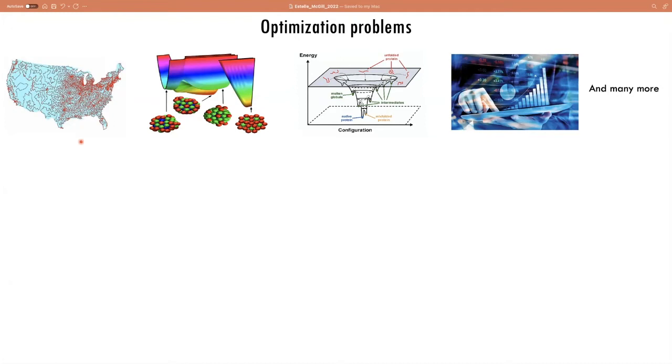Another one is from quantum chemistry. Imagine you have a couple of atoms interacting via some potential. Usually what you're looking for is a configuration that minimizes the energy, and usually that configuration is in a local minimum. Another optimization problem is protein folding, where you want to know the conformation of a protein going from an unfolded state to a folded, or native, state, where the protein is functioning.